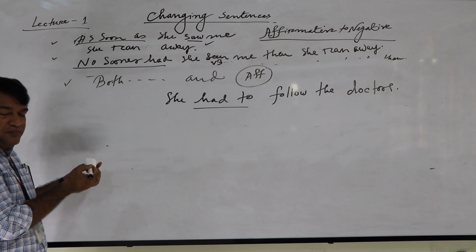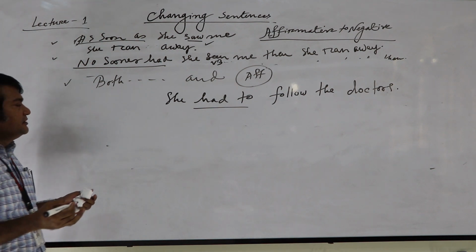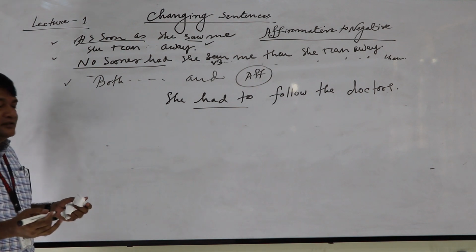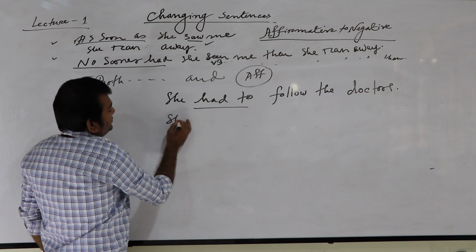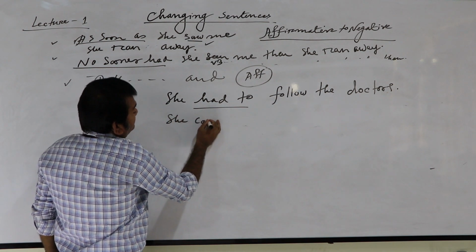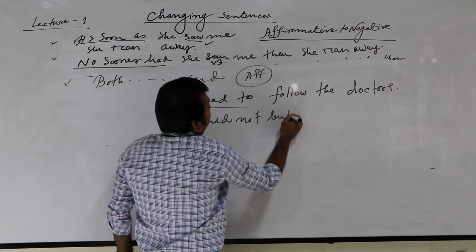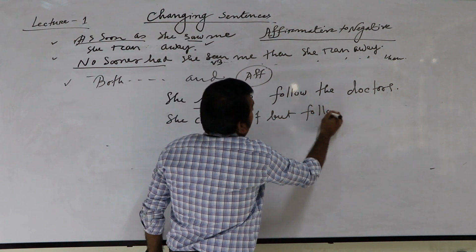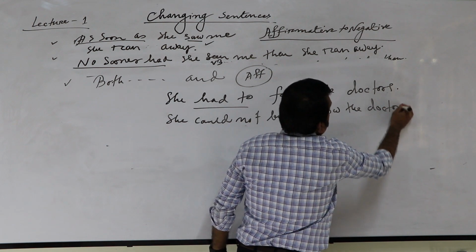So this is in the first form. So we cannot use cannot but or cannot help. We should use she could not but follow the doctors.